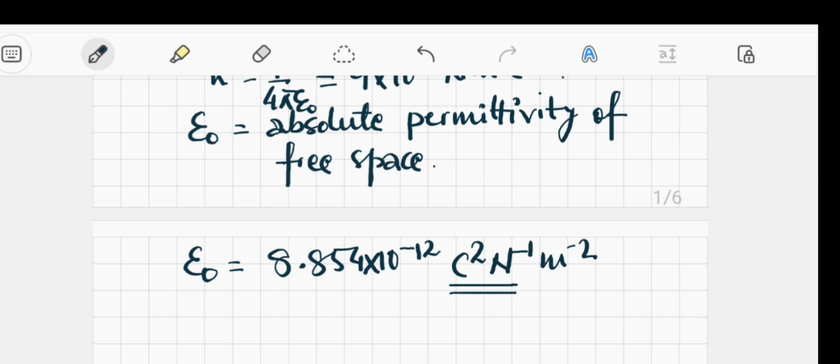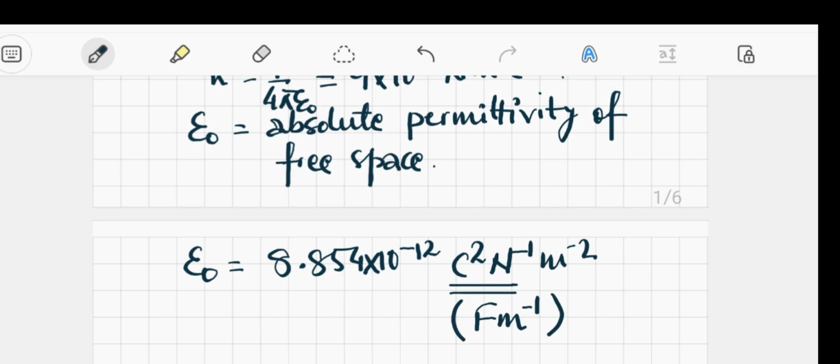Here we can also write it as Coulomb square per Newton meter, which is Farad per meter.